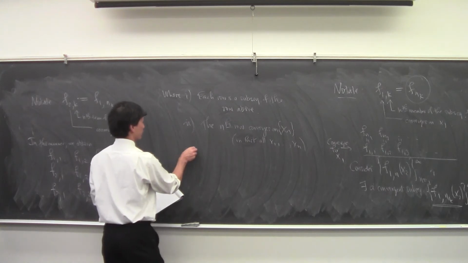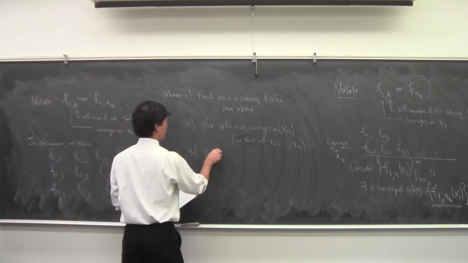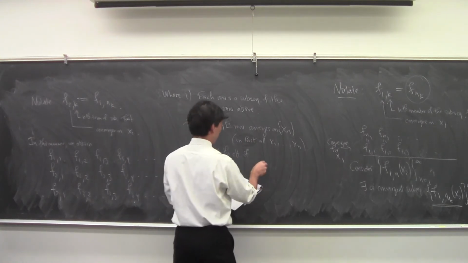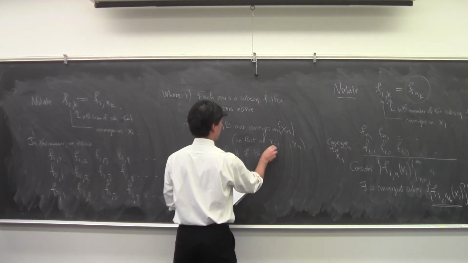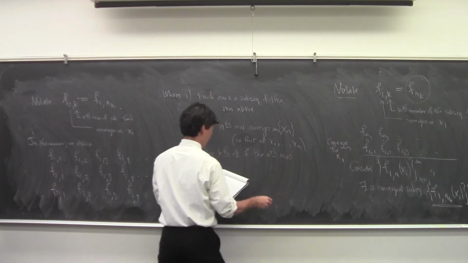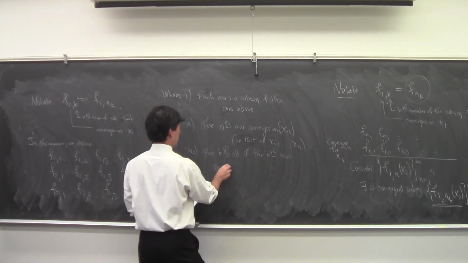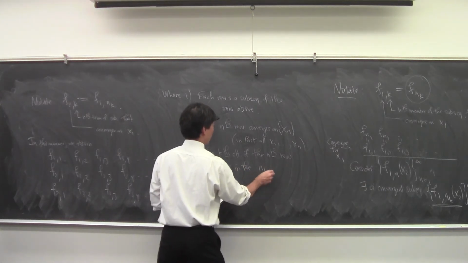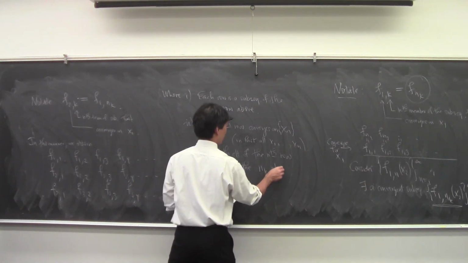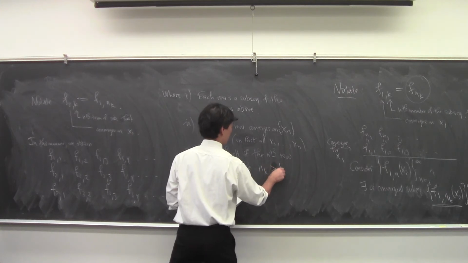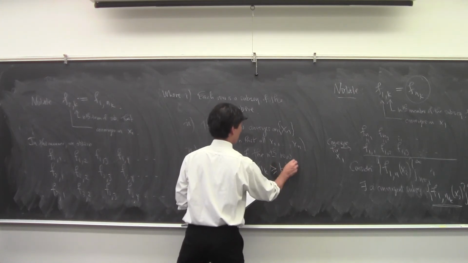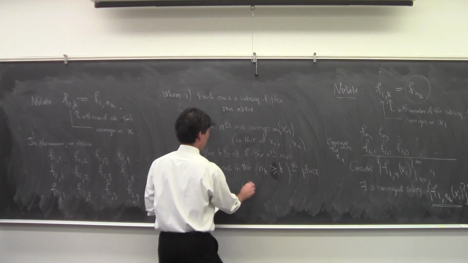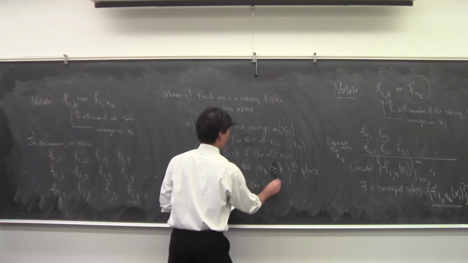And the kth element of the nth row occurs in the n sub kth place in the (n minus 1)th row.